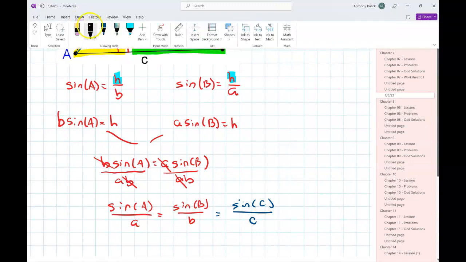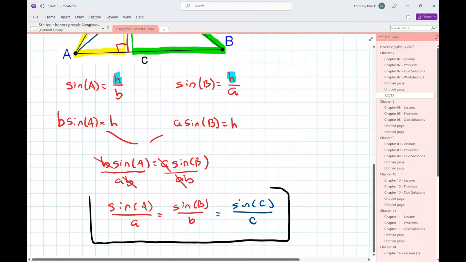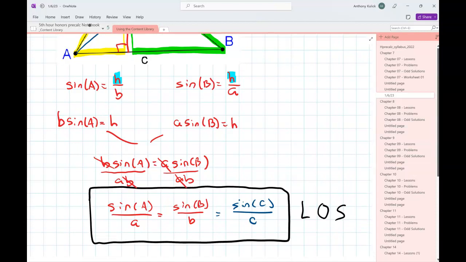Now, this equation that we've written here, or series of equations, is referred to as the law of sines. And I abbreviate law of sines as LOS because I write it a lot and I'm efficient.